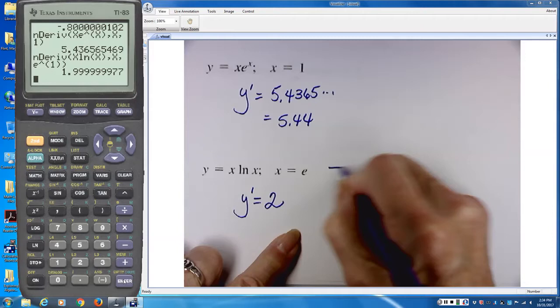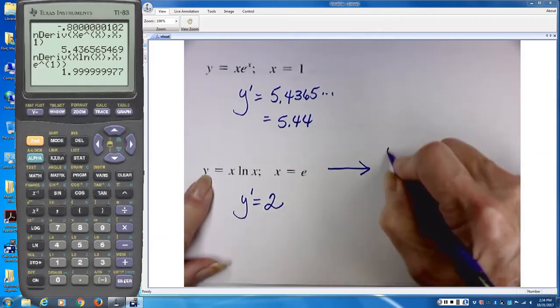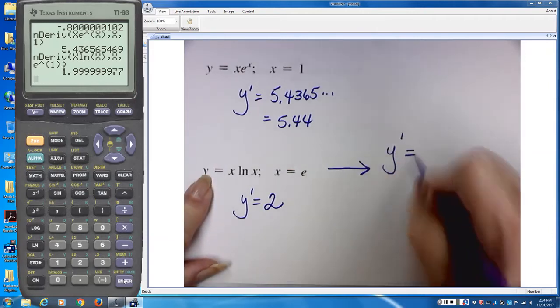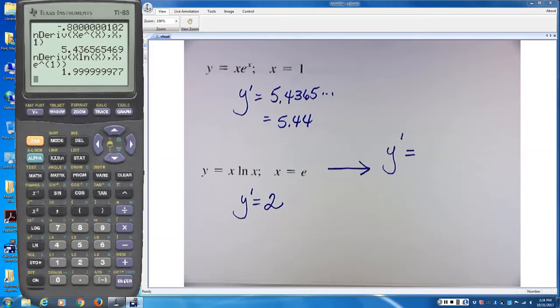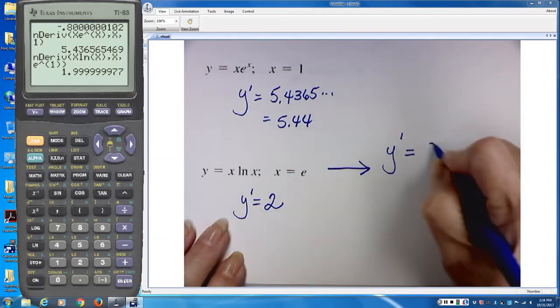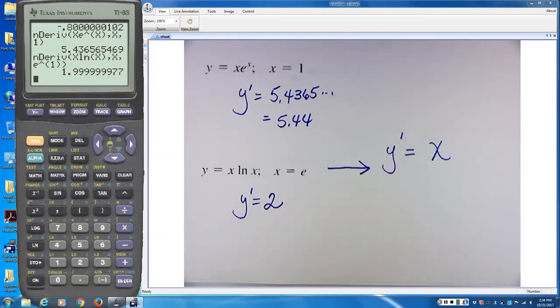Now, if you were doing this by hand, this is how you find y prime, just for the practice. Y is a product: x times ln x.